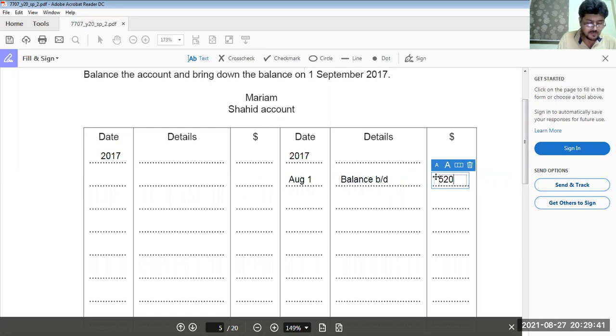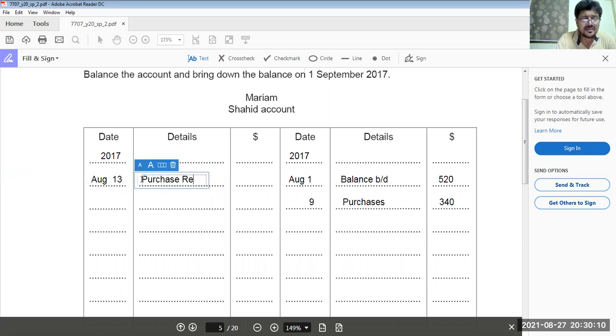Now, purchase goods on August 9. Here we'll write purchases. The amount is how much? 340. Now, August 13. Purchase returns.